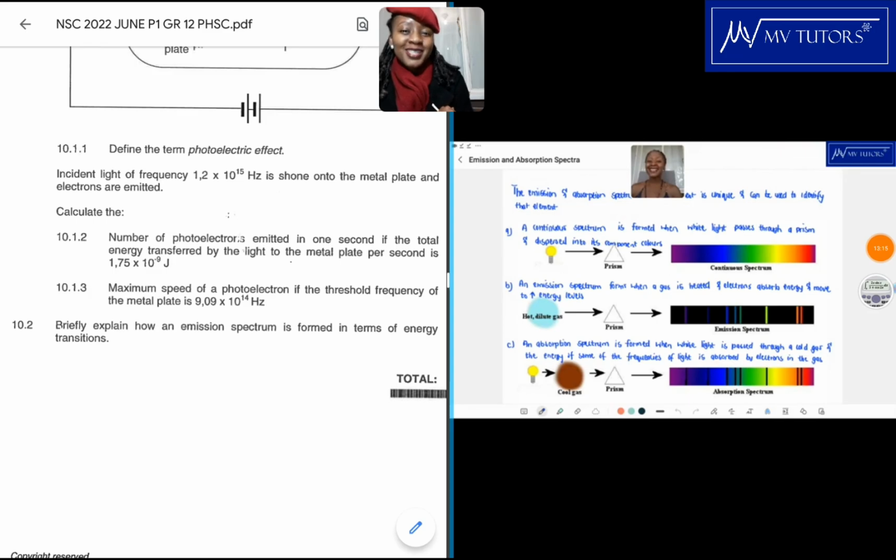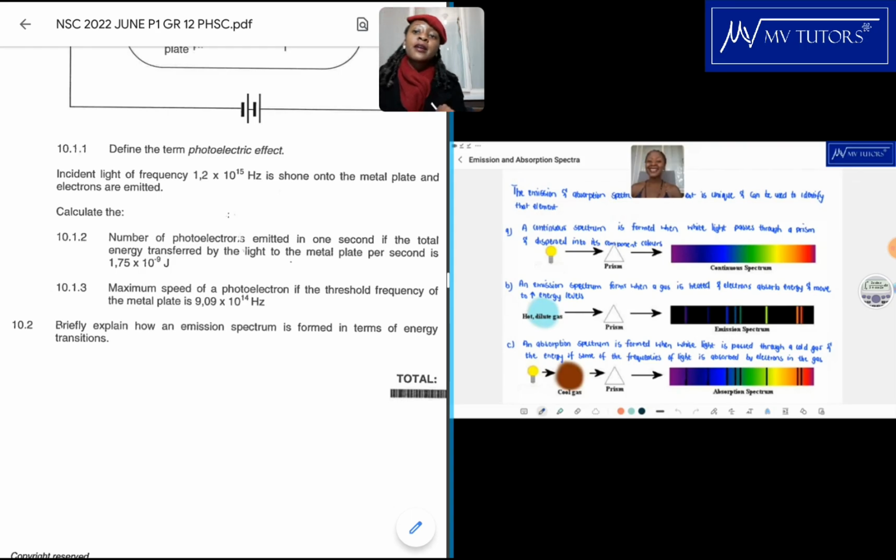If you do check the video out, you'll see that I describe the continuous spectrum, emission and absorption. But since they're asking to briefly explain how an emission spectrum is formed in terms of energy transitions.